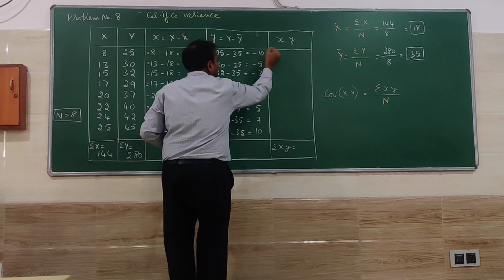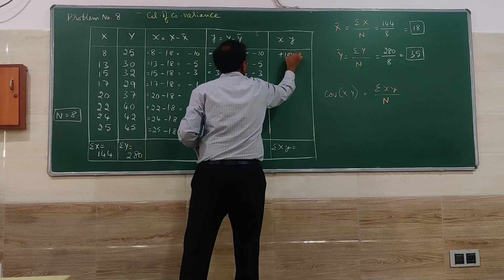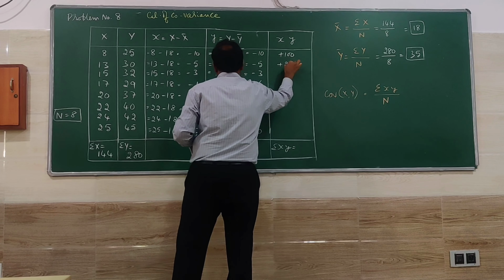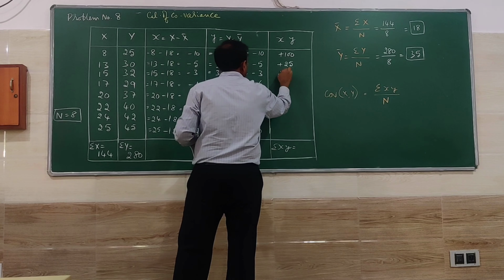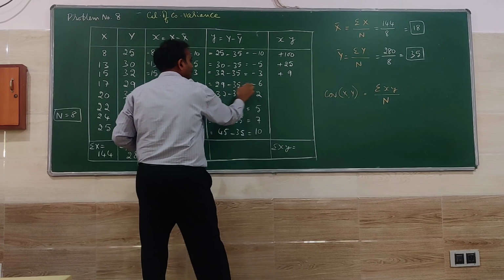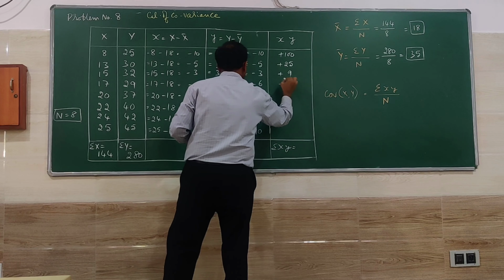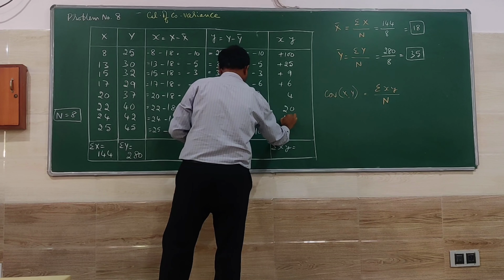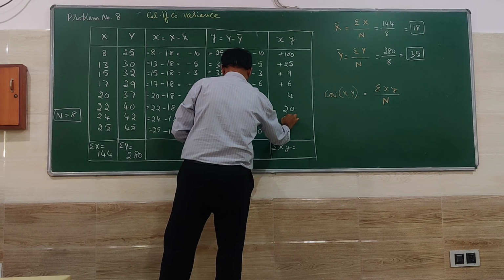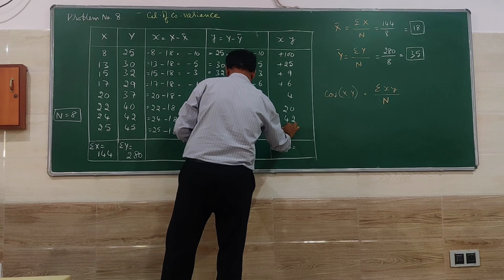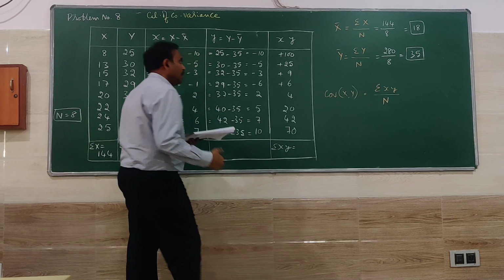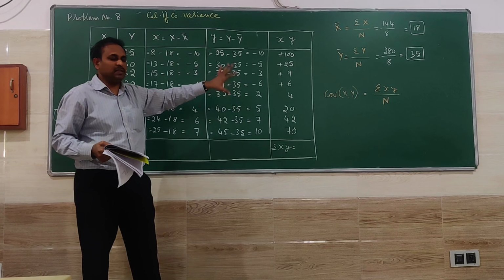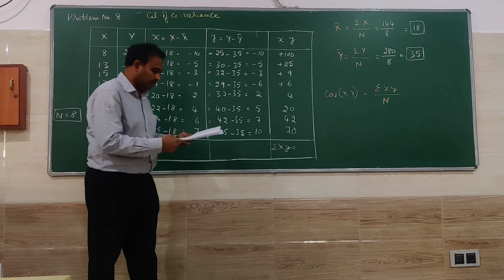So remember, minus into minus is plus: plus 100, minus 5 into minus 5 is plus 25, minus 3 into minus 3 is plus 9, minus 1 into minus 6 is plus 6, 2 into 2 is 4, 20, 7 into 6 is 42, and 70. So all are plus values now. If you have one plus and one minus, we have to adjust. Here we don't have that.